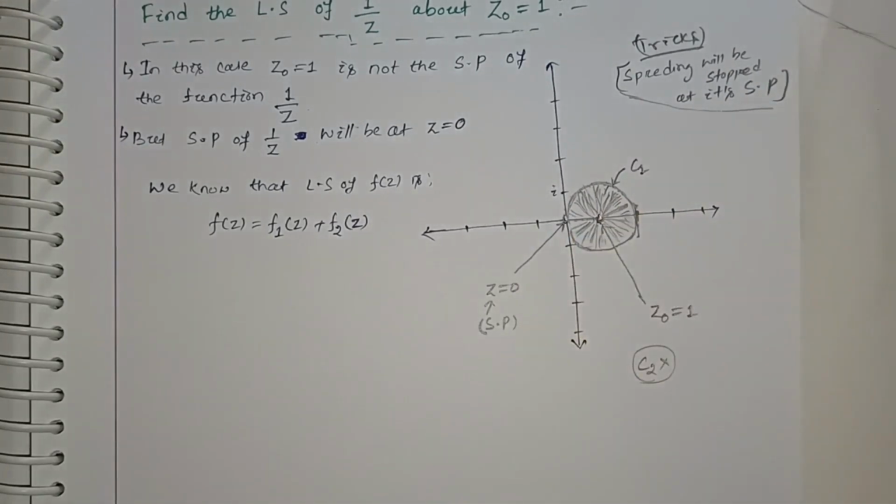C2 is not there. If C2 is not there, then what are we going to find out?